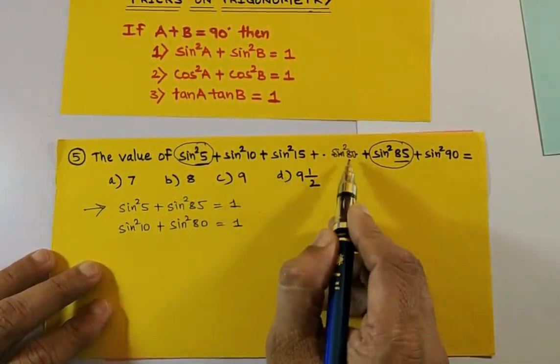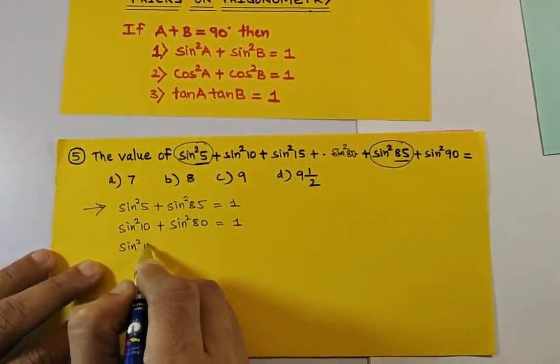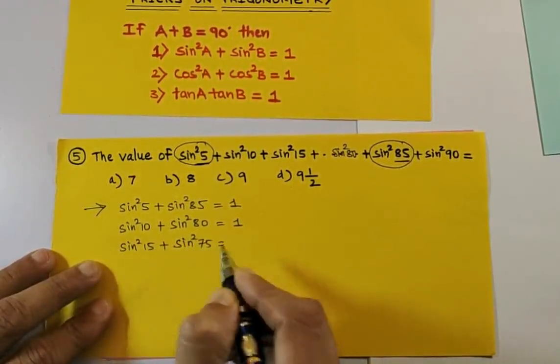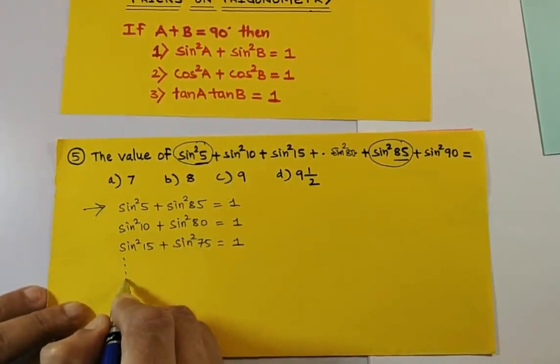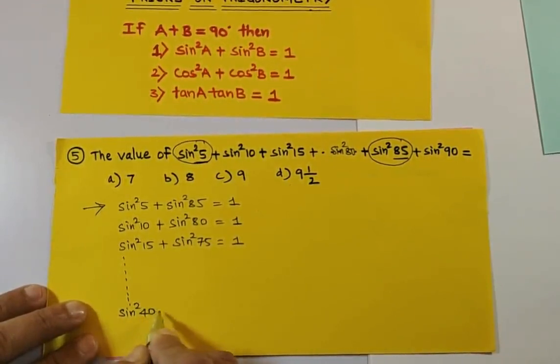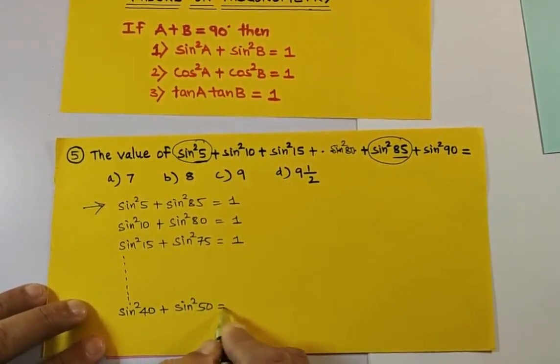Similarly, 15, behind this you will have 75. So sin square 15 plus sin square 75. Again this is also equal to 1. Similarly, if you go to the last, sin square 40 plus sin square 50 will also be equal to 1.